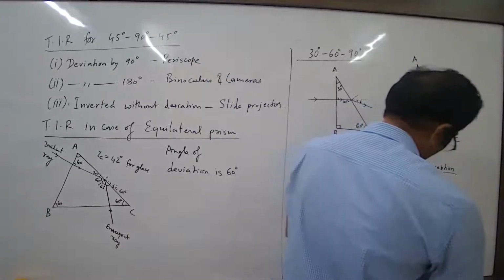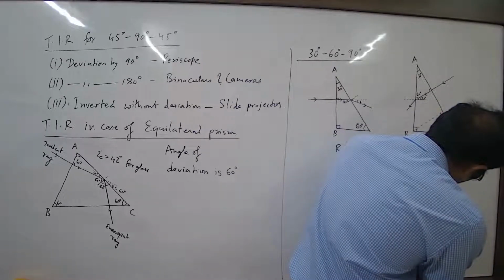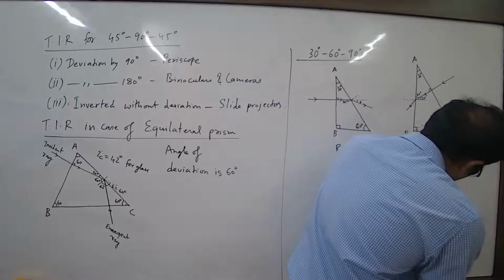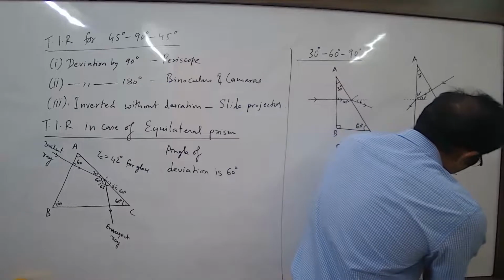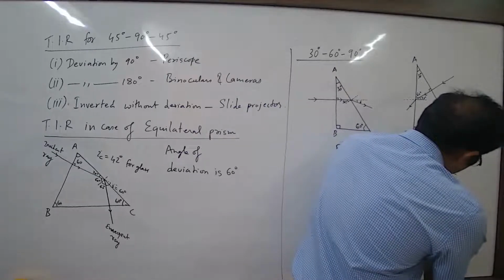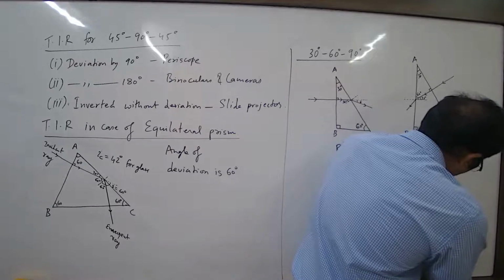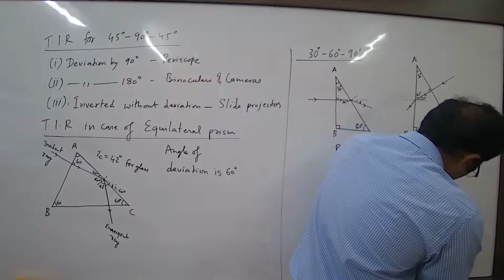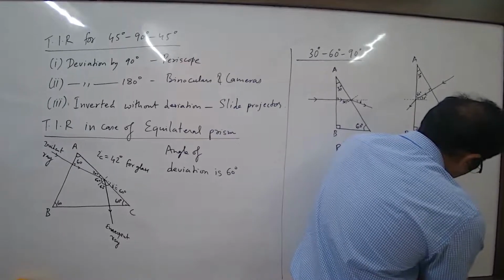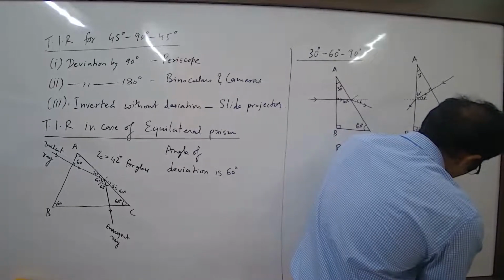What are we doing? We are drawing a perpendicular from the 90 degree. If the ray is incident within this part, where will it go? Right. So this is 60, this is 90. So what will be this? 30.